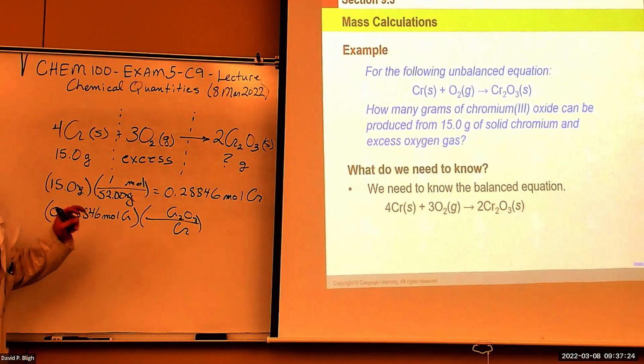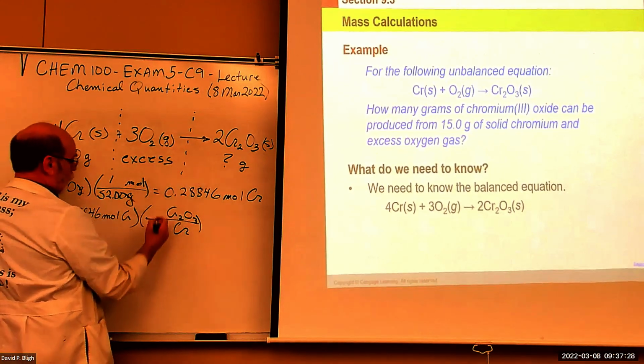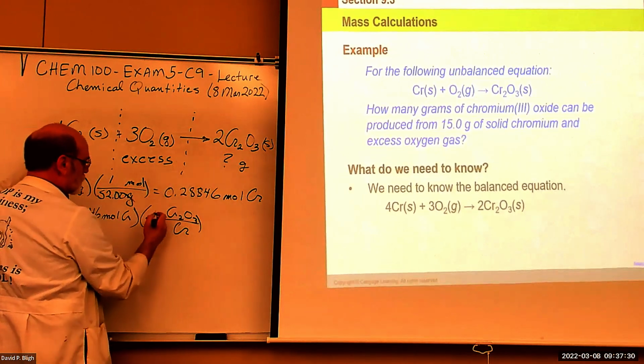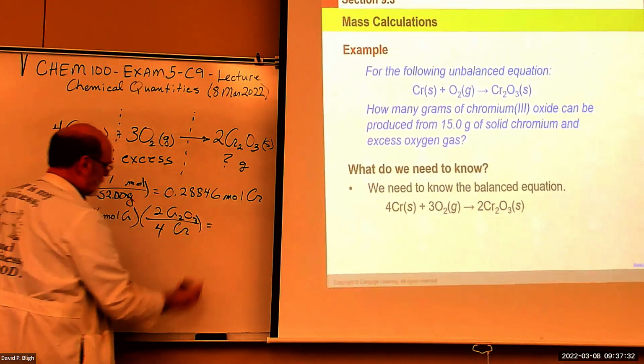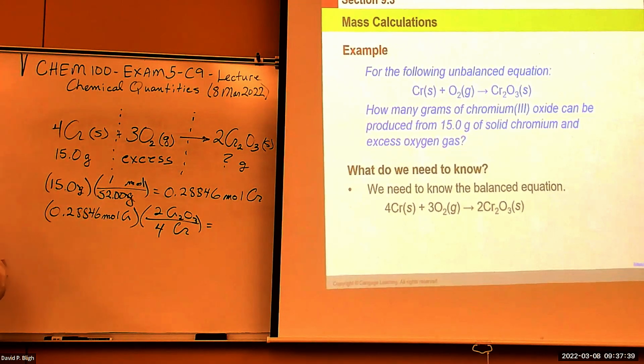Now we know that the conversion factors derived from the coefficients, there's 4 here and then 2 here. So that's a half. We just take this value and divide it by 2. 0.14423.